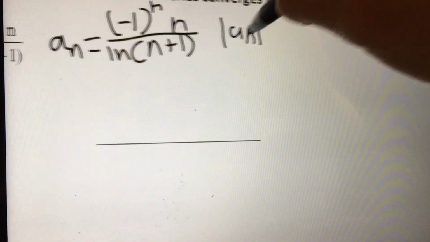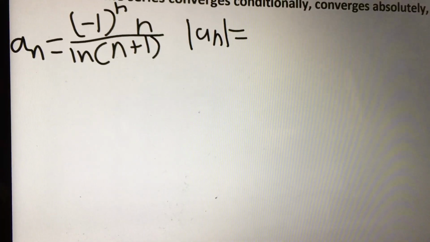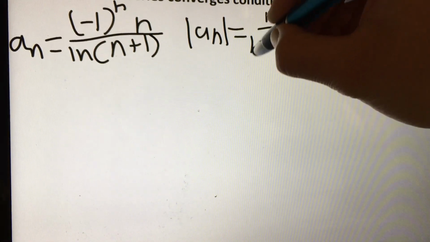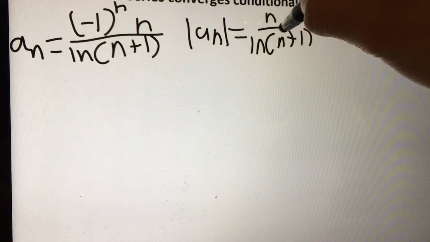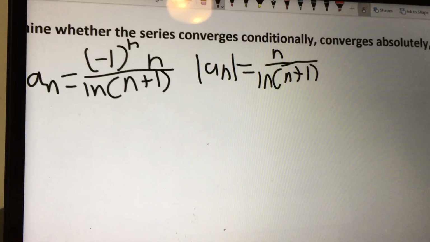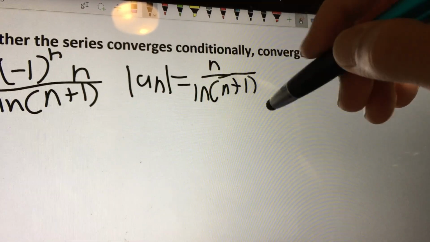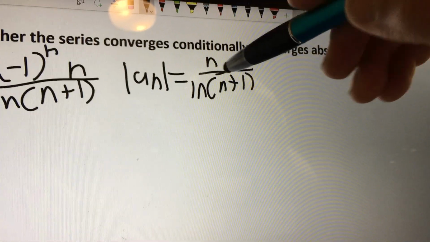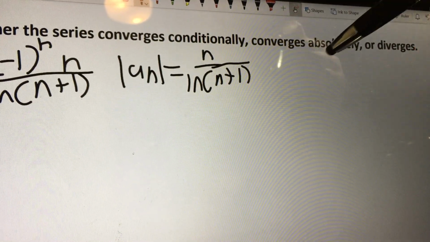The absolute value of this series is n over ln of n plus 1. Excuse me, we know that. So we can test for divergence or convergence.